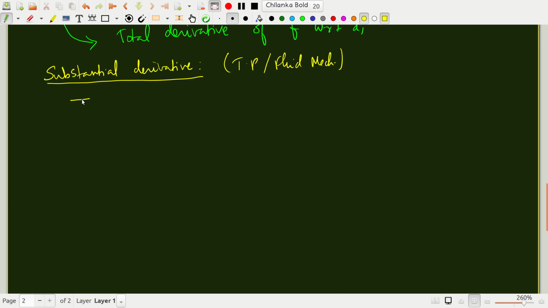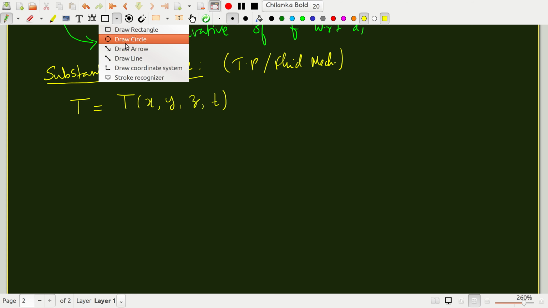Suppose I say that temperature in a fluid is a function of x, y, z and time.